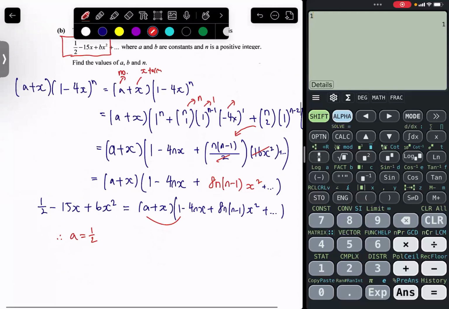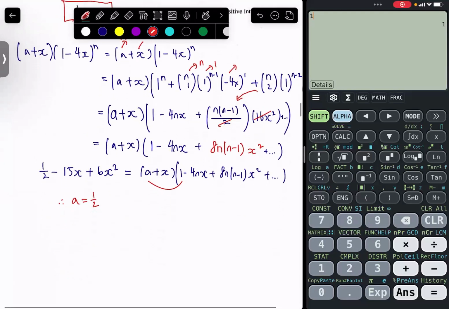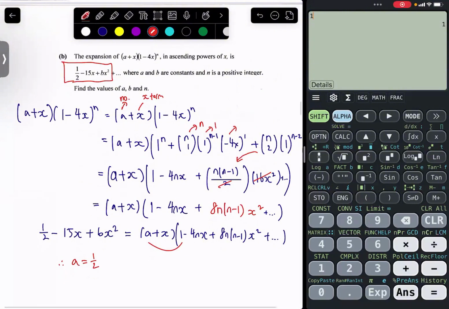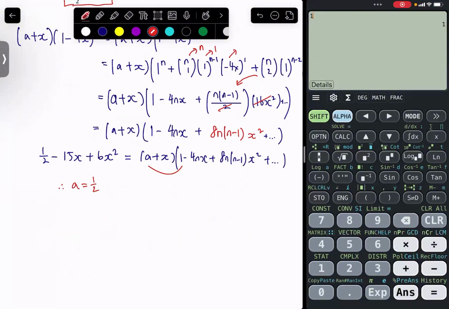Let's solve for b first. b is the x² term. To get the x² term, a multiplies by the x² term, and x multiplies by the x term.